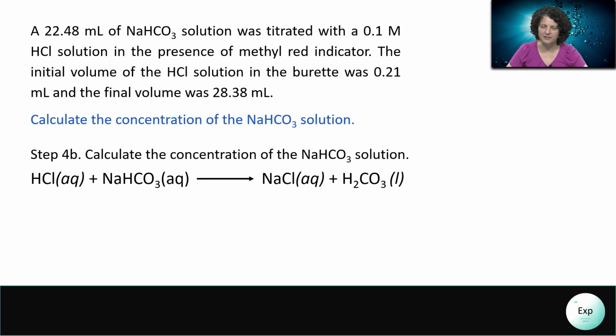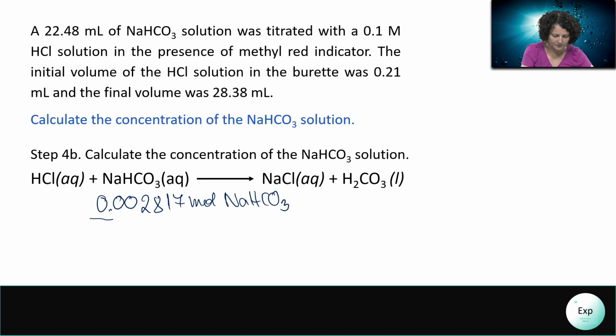Next, let's calculate the concentration of the sodium bicarbonate solution that we prepared. We have the moles of the sodium bicarbonate, 0.002817 moles of sodium bicarbonate.